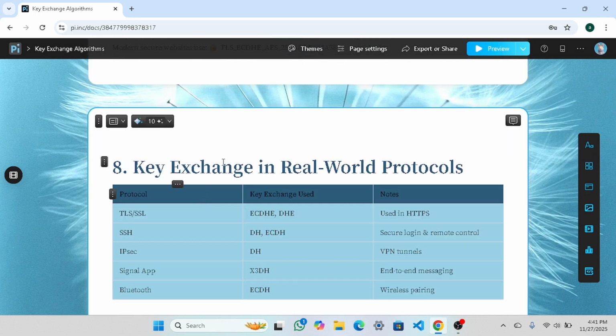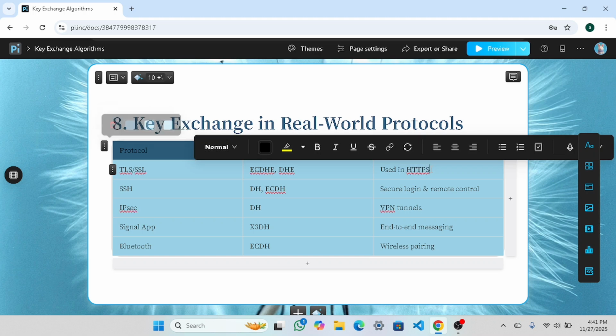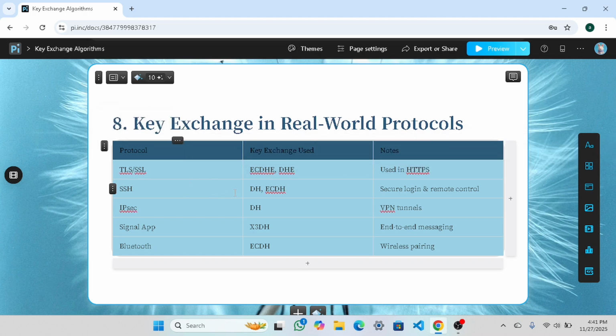Then key exchange in the real world. For the TLS/SSL protocol, key exchange uses ECDHE or DHE, used in HTTPS on port number 443 for secure website communication. SSH uses DH or ECDH for secure login and remote control. For IPsec, key exchange uses DH for VPN tunnels.